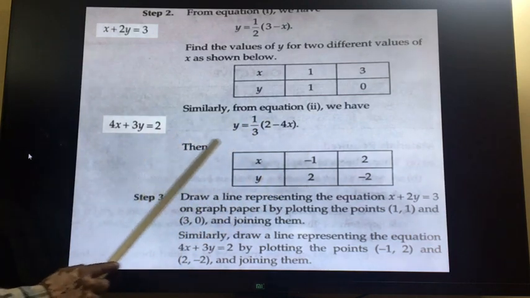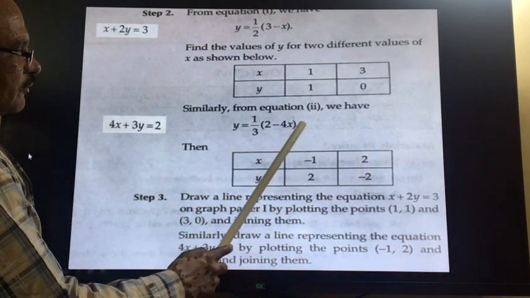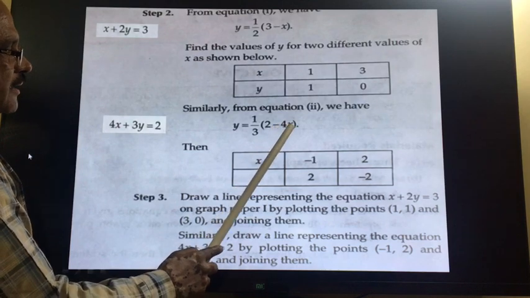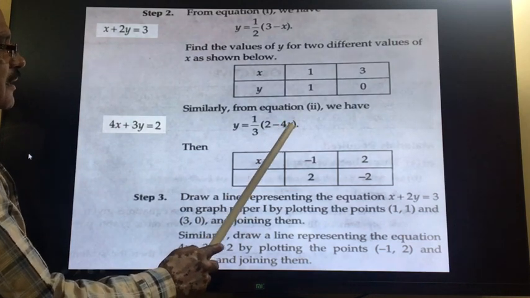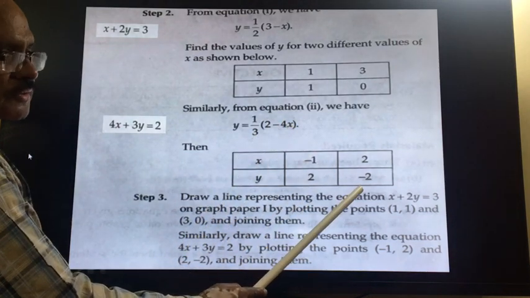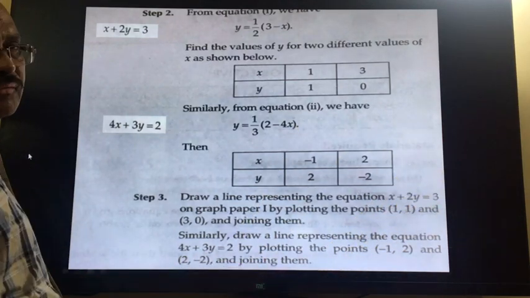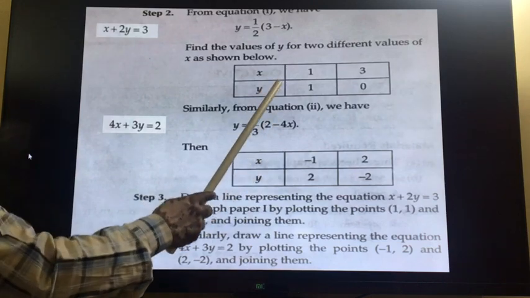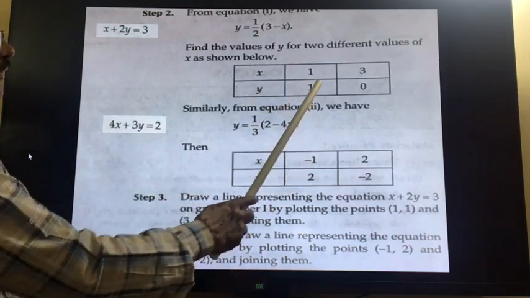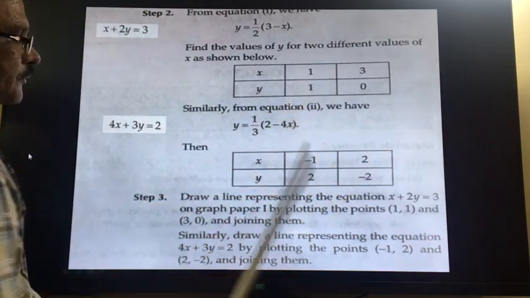Now you put x is equal to 2, so 4 into 2 is 8, so minus 8, so 2 minus 8 is minus 6 divided by 3, so it will be minus 2. Similarly, you can put one more value of x and you can get one more value of y, right? So you will prepare 2 tables of 3 solutions each, right?